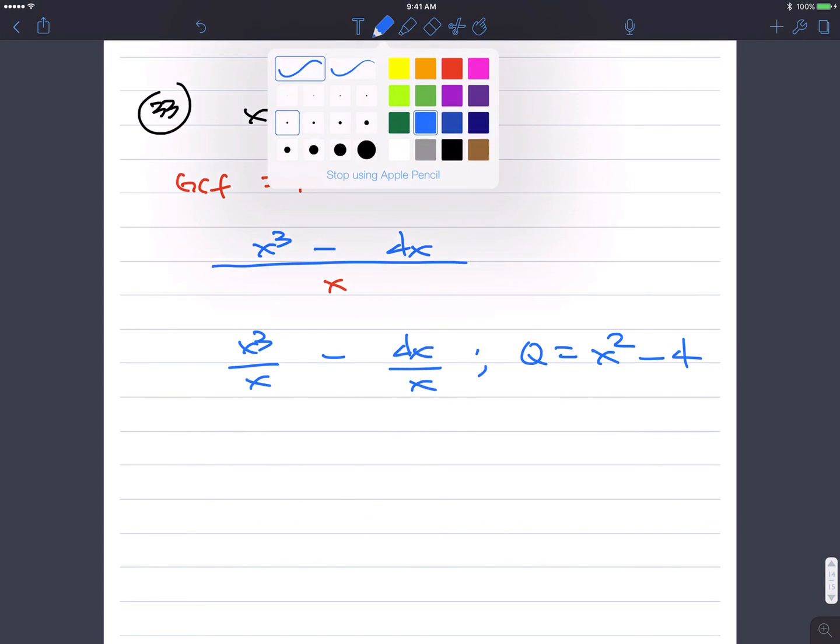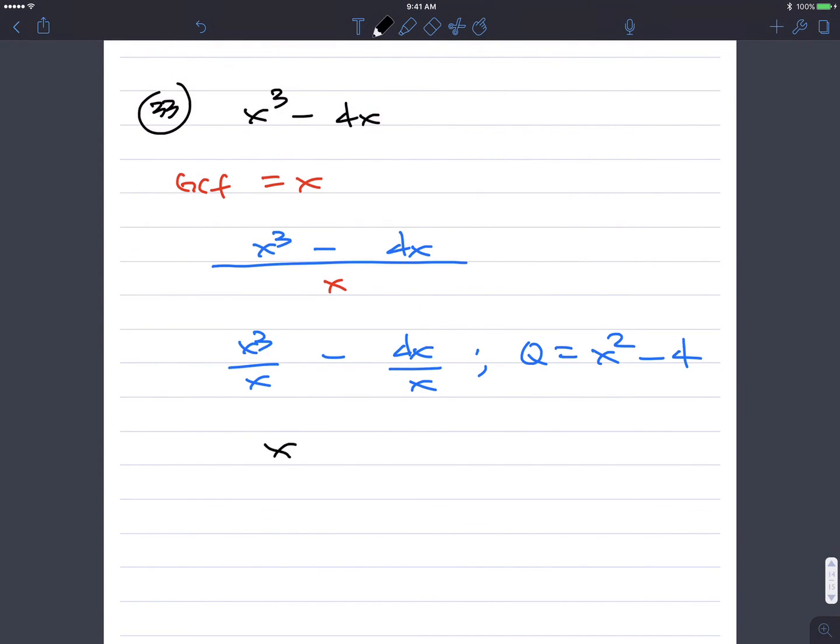Okay, let's put this together. The GCF is x, times x squared minus 4 here. And what's this process known as? Factor what? Completely. So I have to factor the quotient. Now, we had the chicken soup recipe.